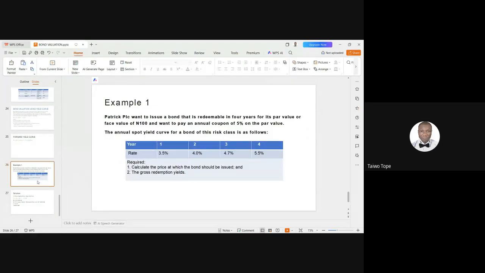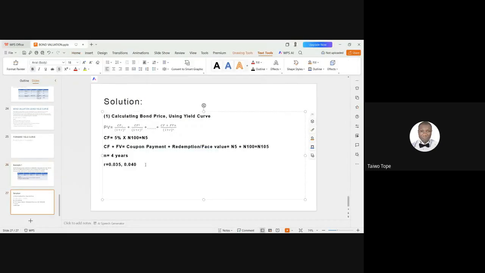For year 3, 0.047. And for year 4, it will be 0.055. Now, this is the breakdown of all you need in this formula.